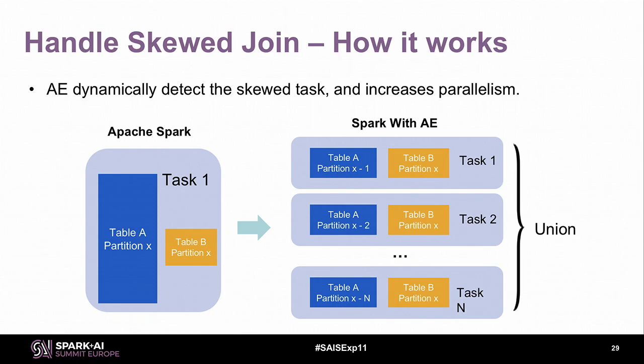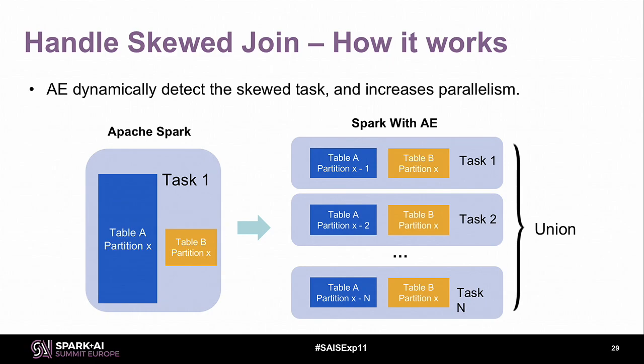Suppose table A and table B will do an inner join, and the partition X is a skewed partition. Without adaptive execution, the data in this partition of both table A and table B will be shuffled into one single task. As you can imagine, this task will become one of the slowest tasks, and slow down the whole query performance.